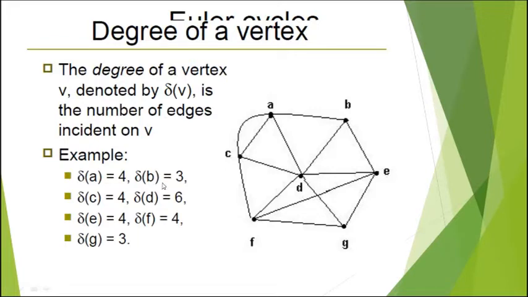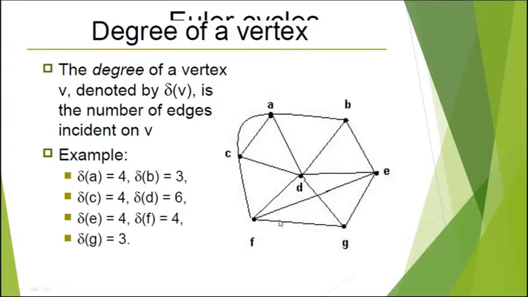Next, delta C, we have 4: 1, 2, 3, and 4. Delta D, we have 6: 1, 2, 3, 4, 5, 6. Delta E is equal to 4: 1, 2, 3, 4.